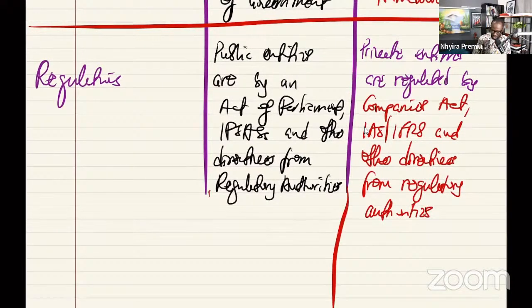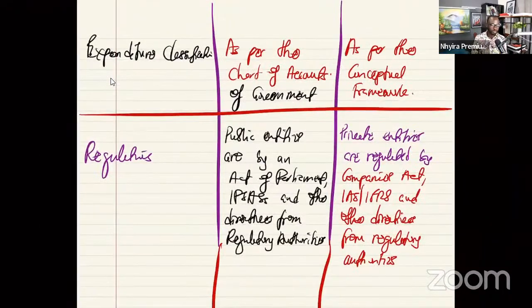Like the Bank of Ghana, National Insurance Commission, all these are regulatory authorities that regulate their activity. So yes, these are some of the things that we can bring up here.